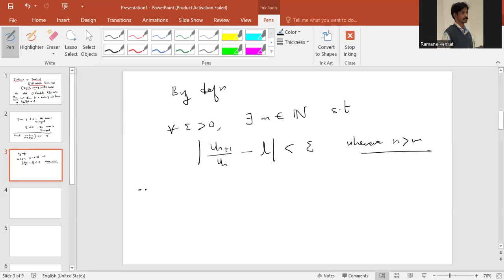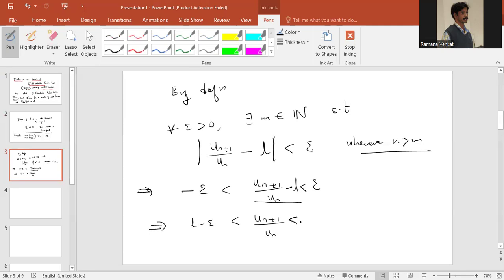Right? So we can do this simple mechanics by opening the modulus sign, we get minus epsilon less than un plus 1 by un minus L less than epsilon. I should have written minus L here. So this term is bounded between minus epsilon and plus epsilon, and now I add L in each term and I get L minus epsilon less than un plus 1 by un less than L plus epsilon, right?